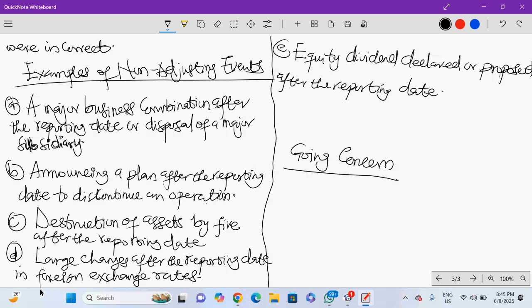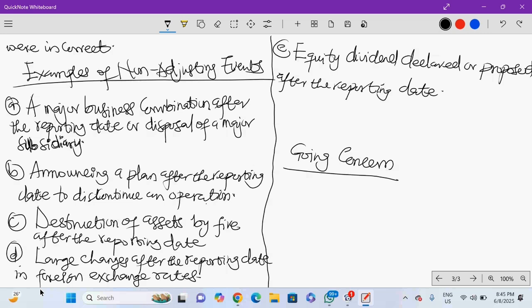Let's say on 5th January the business decides not to operate again. What are you going to do? Are we going to adjust the financial statement or not?